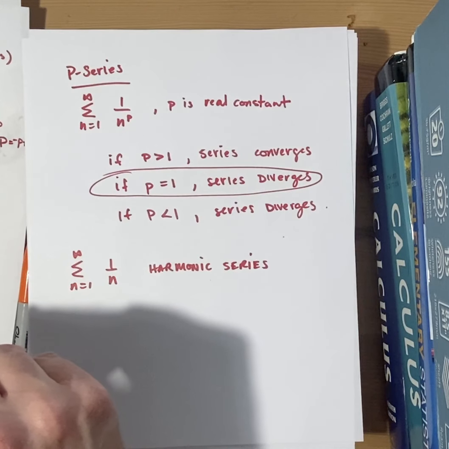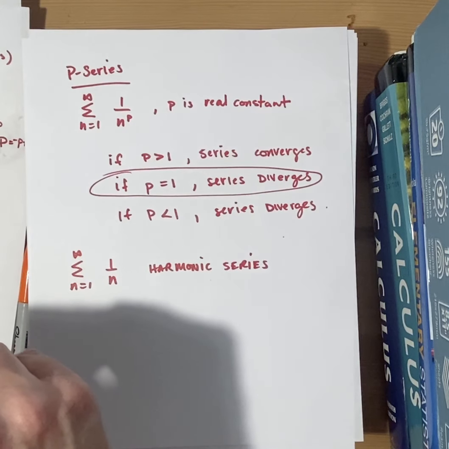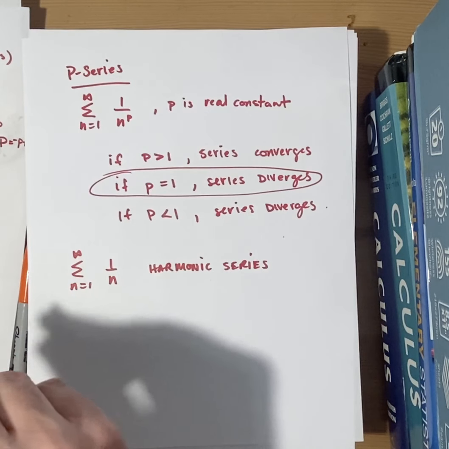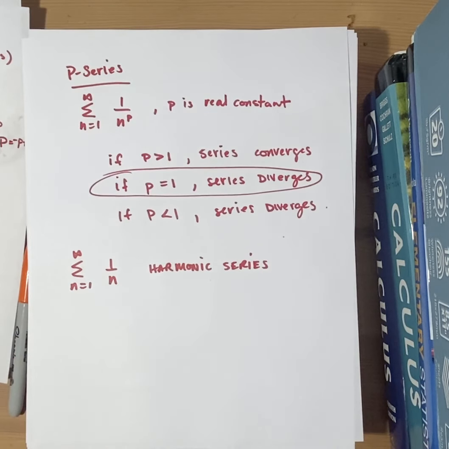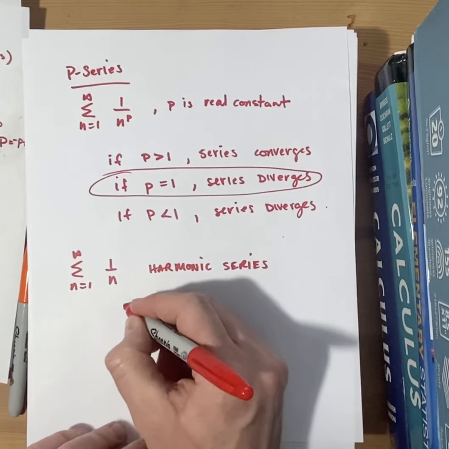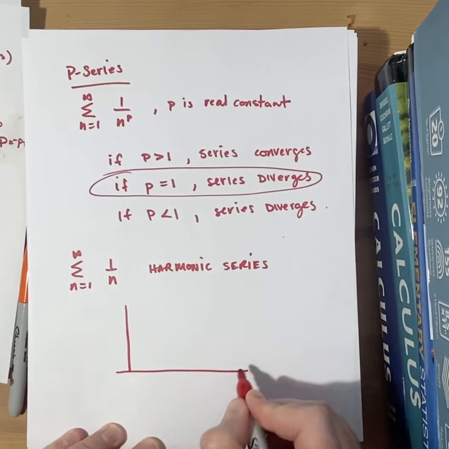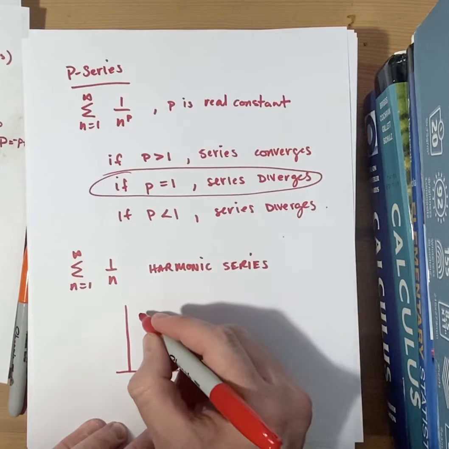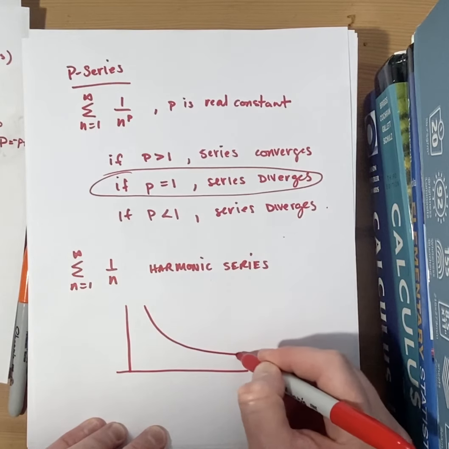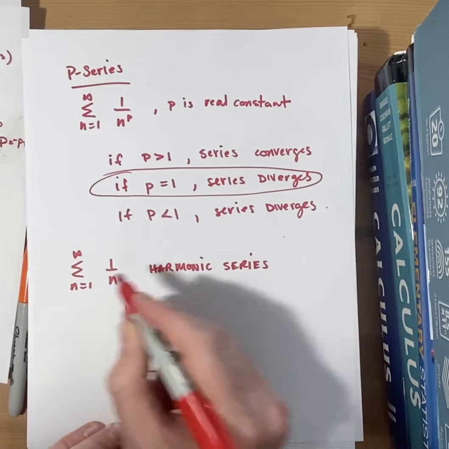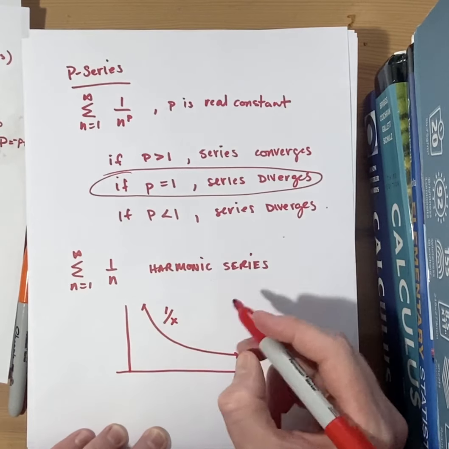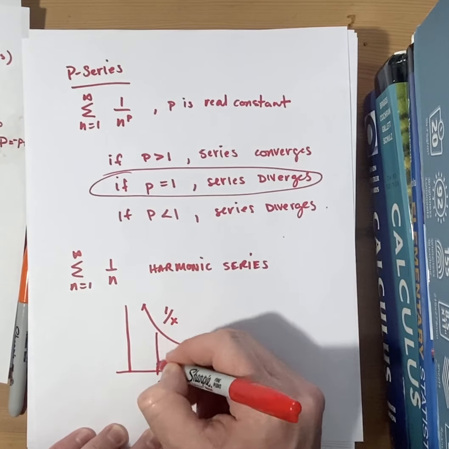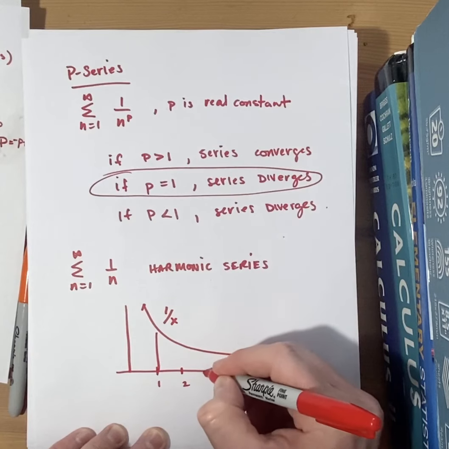And just to take a look at a harmonic series, you would think that it may approach some finite number, because if you think about that integral test that we did, here's our function, like think of this as 1 over x, at 1, 2.